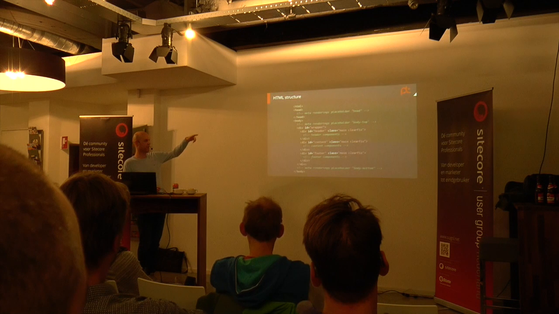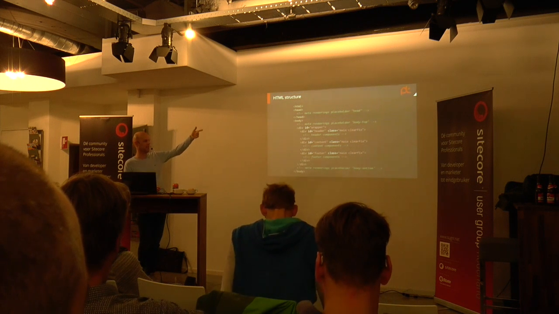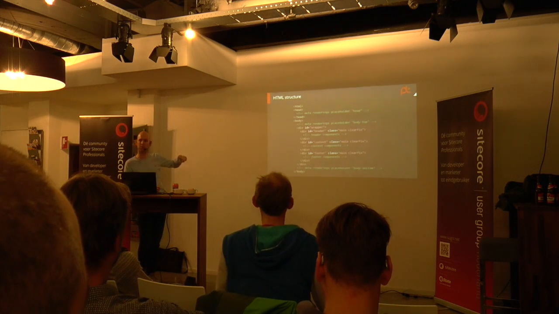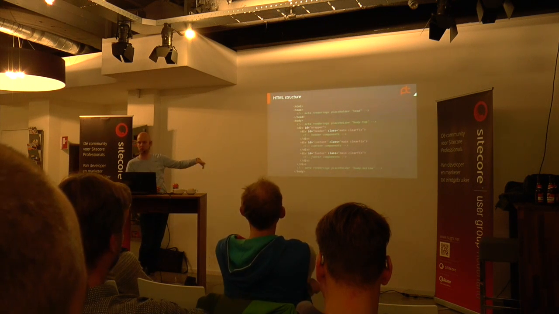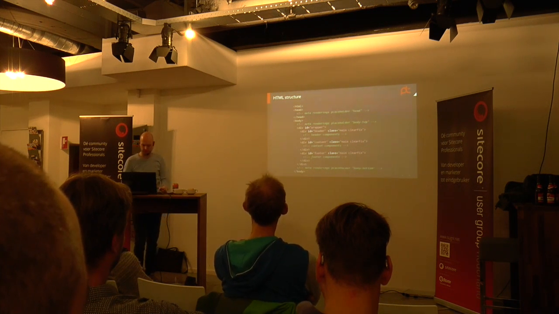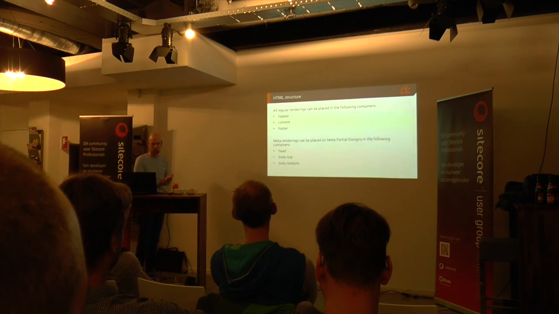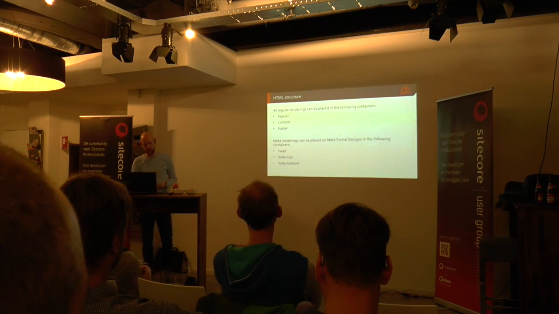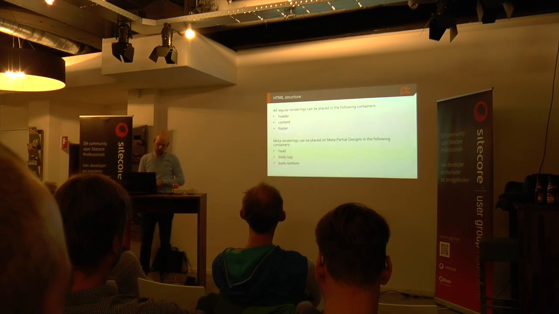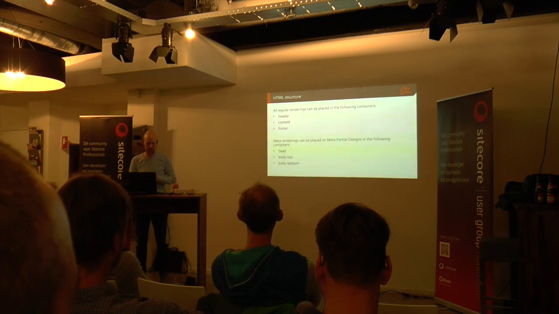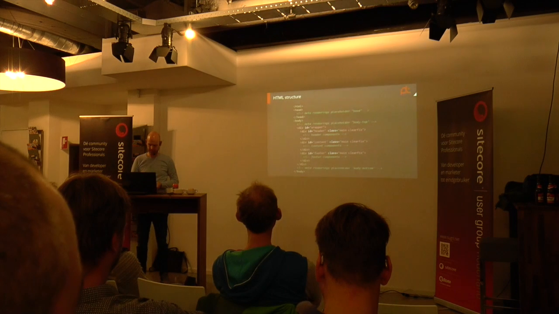That takes care of injecting meta text in the head and the component JavaScript before the end of the body, stuff like that. So all the regular renderings are in the header, content / main or footer placeholder, and then there's a head, body top, and body bottom for meta tags or scripts.